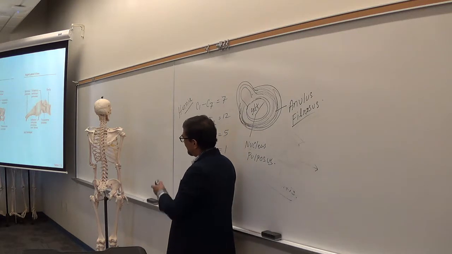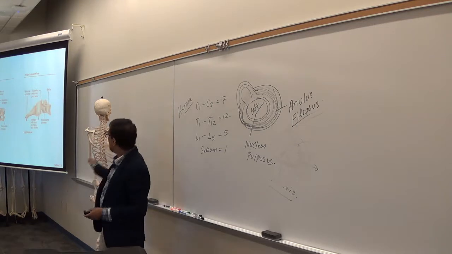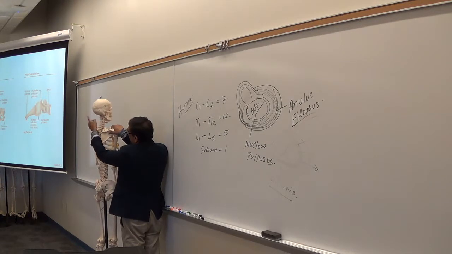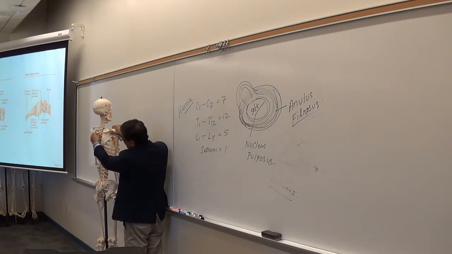This is a typical cervical vertebra, like C3 to C7. For all cervical vertebrae, if you look at the spinous process, this is very easy. If the spinous process is divided or split, as I mentioned in the lab, that is cervical. Now look at thoracic. The spinous process is long and pointed, not split. That is thoracic, long, pointed.